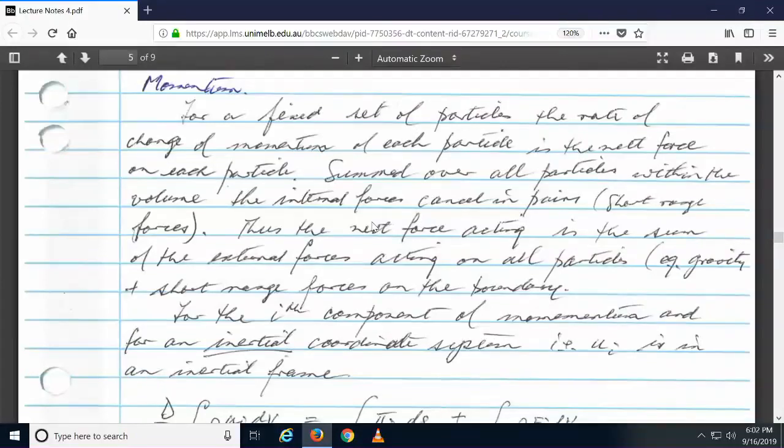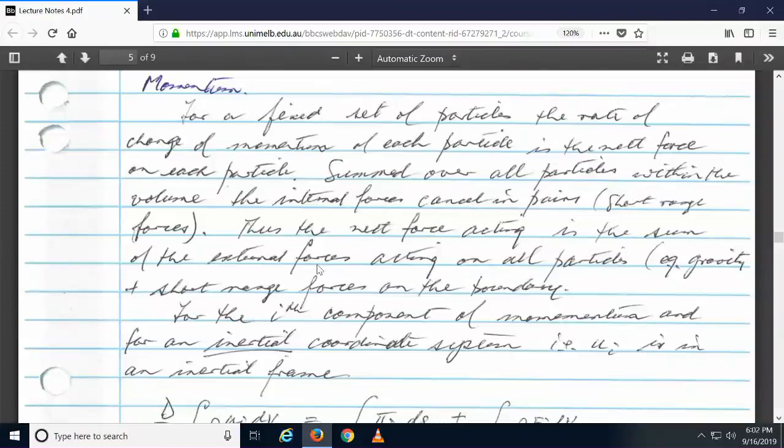And so the net force acting is the sum of all of these external forces. I'm calling them external forces because they won't all be balanced by the opposite force on the boundary. On the boundary, one is going to feel its neighbors before it actually hits it.